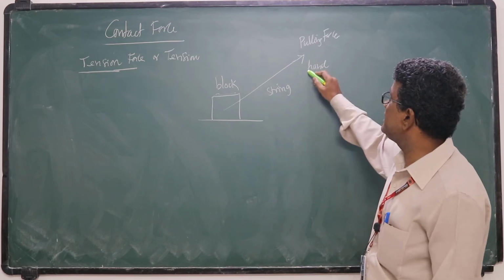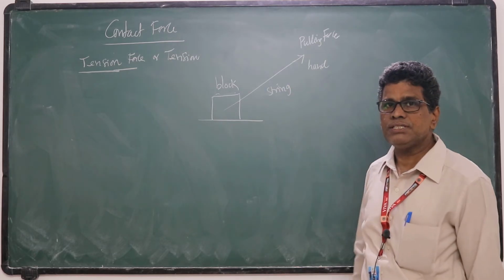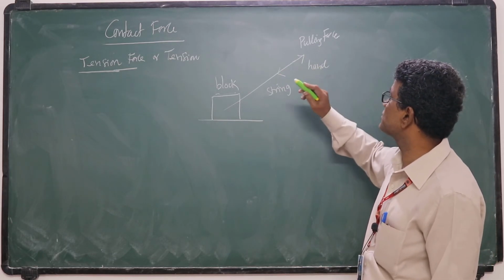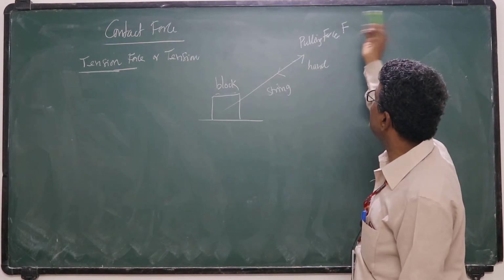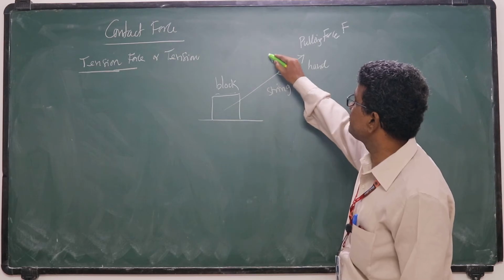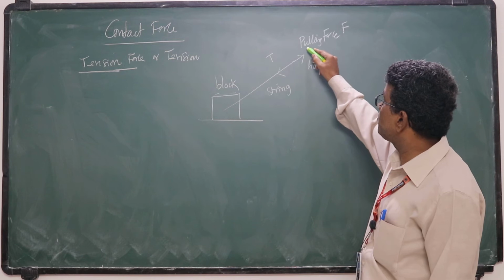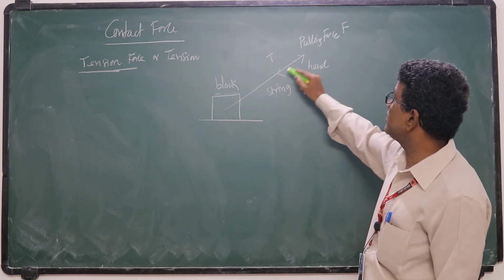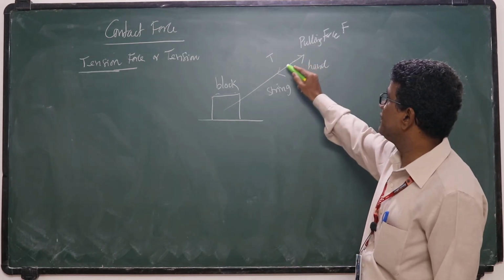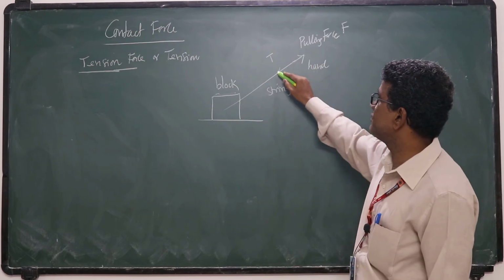Suppose your hand is here, you are pulling the string. From Newton's third law, the string pulls the hand with the same force. Pulling force, let it be F. The tension in the string, let it be T. So when you pull the string with your hand with a force F, the string exerts the same amount of force on the hand.